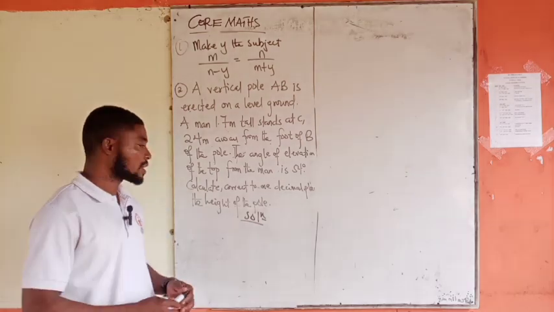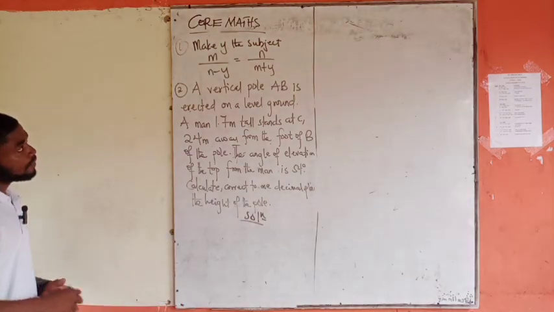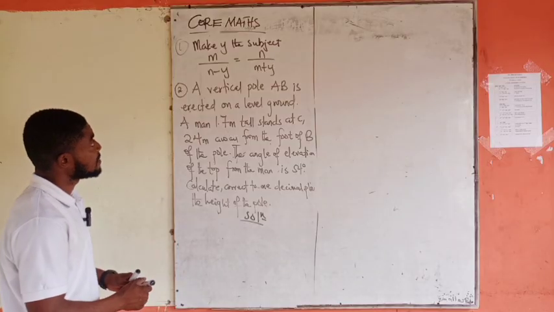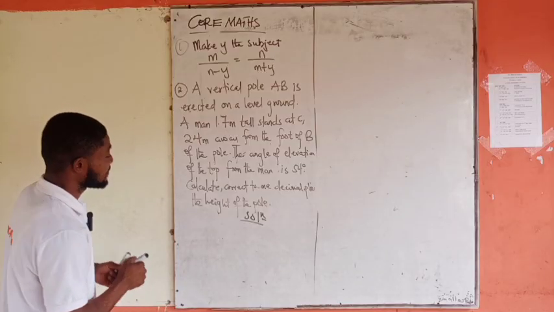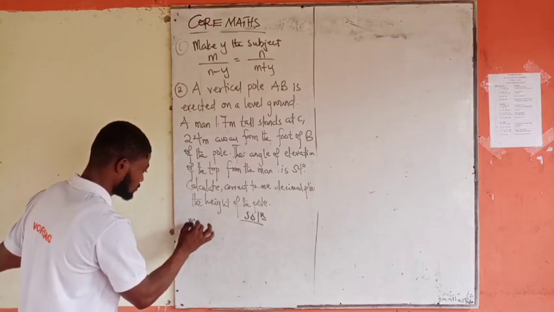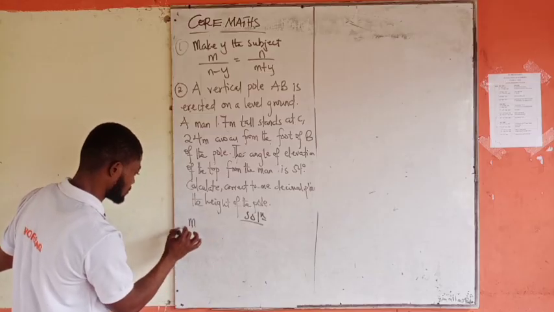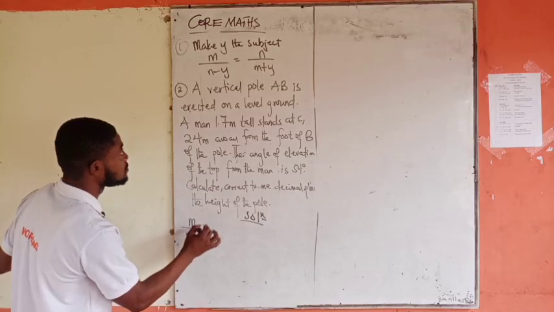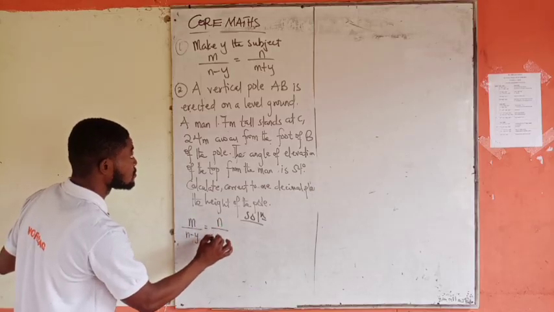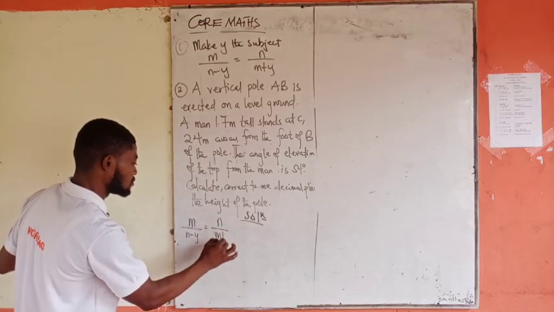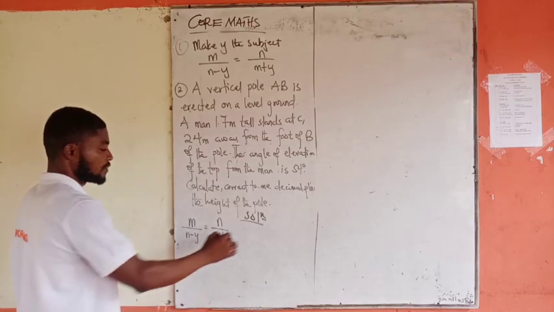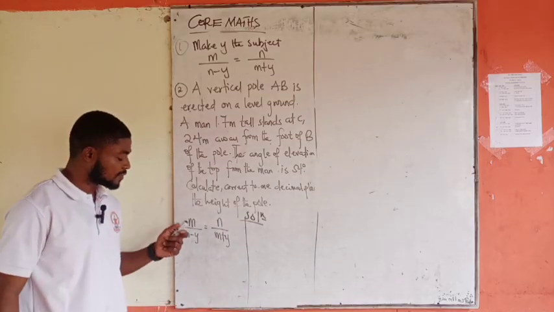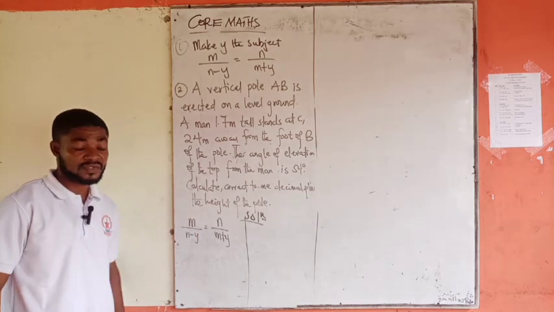All right. So the first question says we should make y the subject of the relation, and this is the relation we have. We have m over n minus y is equal to n over m plus y.